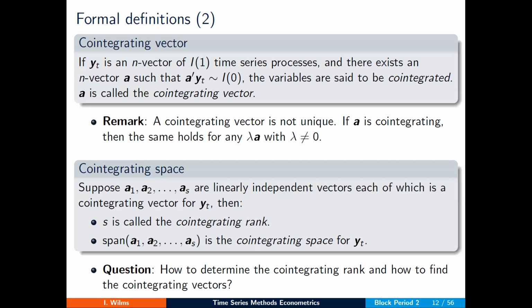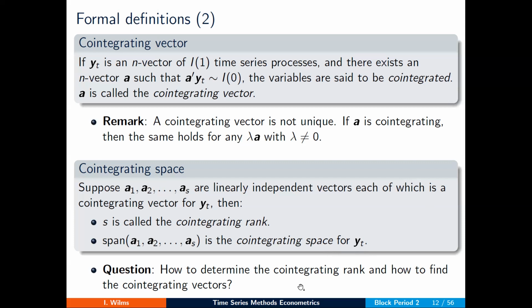Let's say that we have s of them, and we have s corresponding co-integrating vectors, a_1 to a_s, that are all linearly independent. Then s is said to be the co-integrating rank. So it indicates how many co-integration relations we have. And the space that is spanned by these co-integrating vectors is unique and is called the co-integrating space.